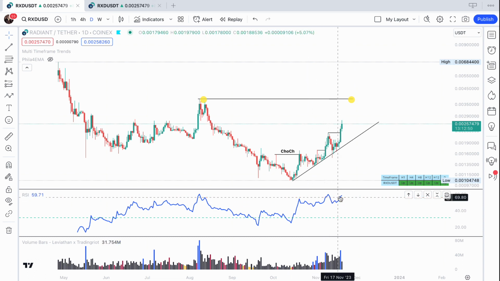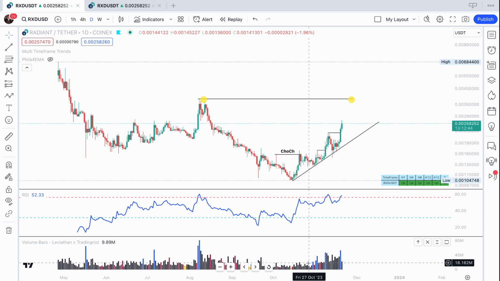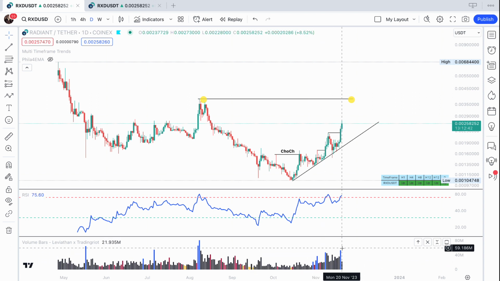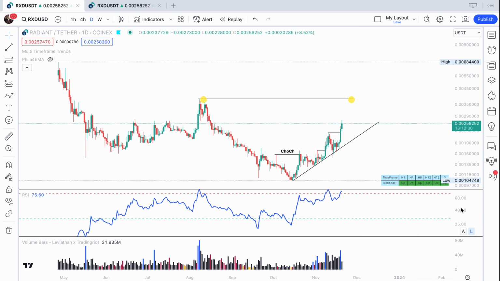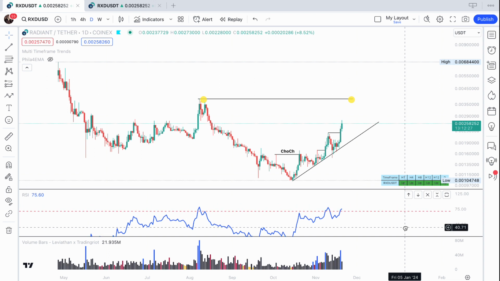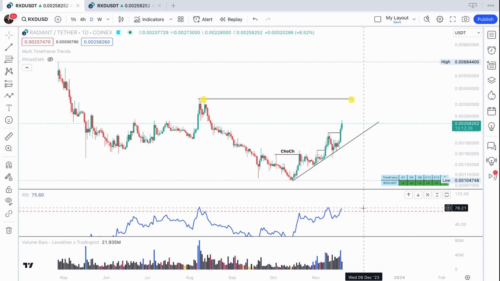Does the RSI tell you something different than the price, or is the volume telling you a different message than what the price is telling you? And you can see that the RSI is above 70, which is considered overbought. But when we are talking low cap or micro cap coins, it's not as important.